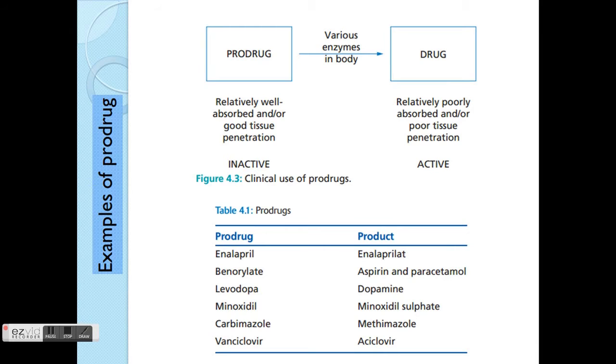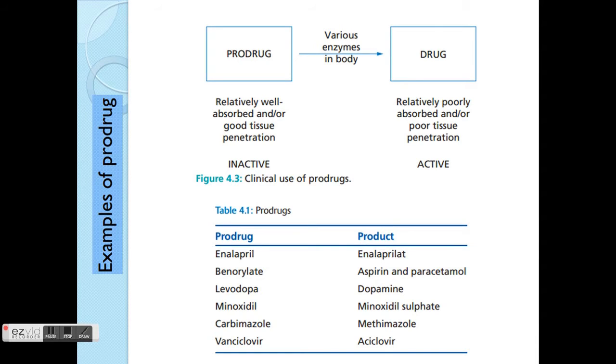There are a few examples of prodrugs. A little concept about prodrugs is that sometimes we have to design a molecule as a prodrug to make it more lipid soluble, so that it can pass through the cell membrane better and allow higher absorption.